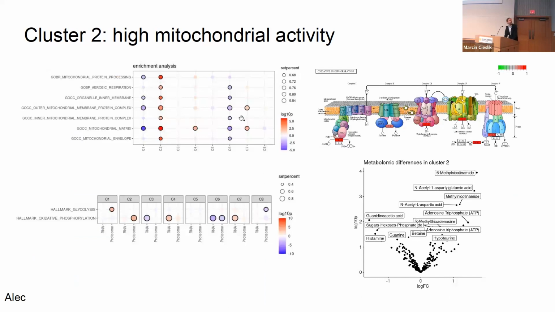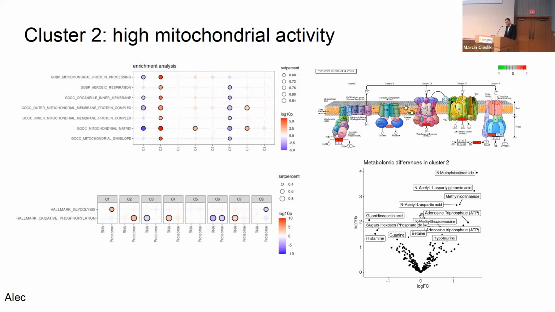And I'll only highlight one of those phenotypes, cluster number 2. Cluster number 2, we found to be enriched in mitochondrial proteins. Interestingly, this can only be detected using proteomics. We found that cluster number 2 has a hallmark of oxidative phosphorylation, with all of the genes involved in the electron transfer chain being upregulated.